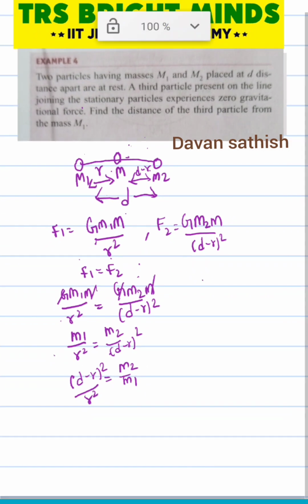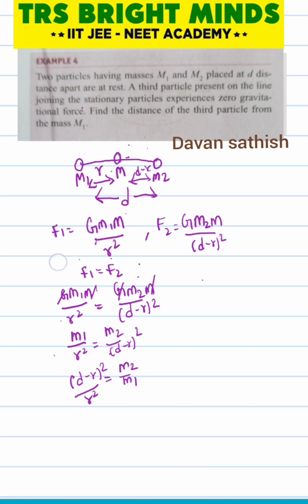Okay. So next I'll write common here: d minus r divided by r, all bracket squared, equal to m2 by m1. Okay.